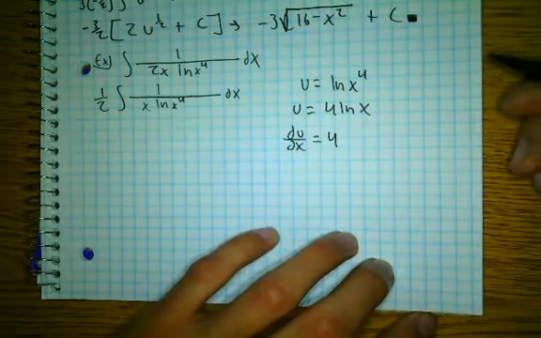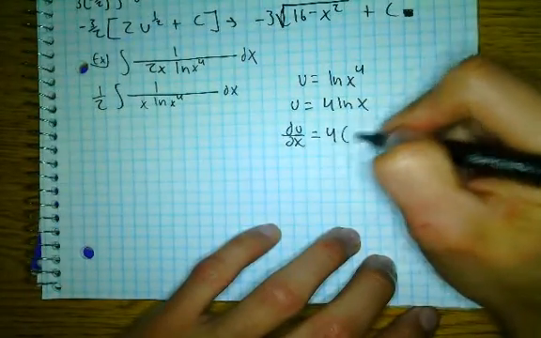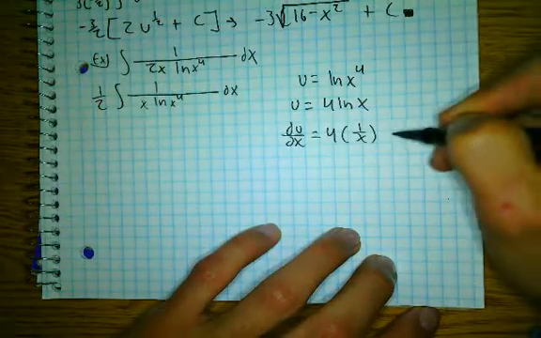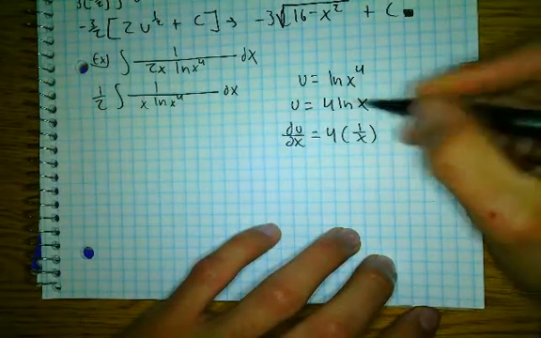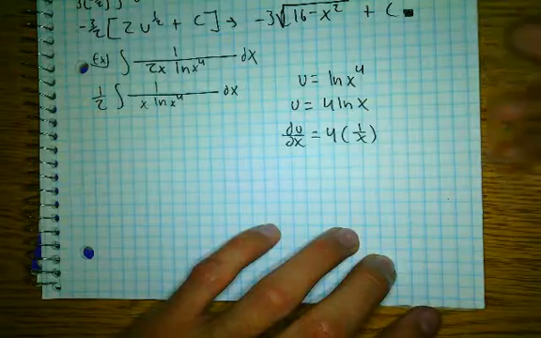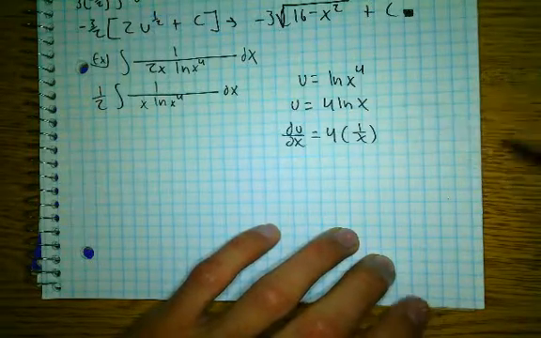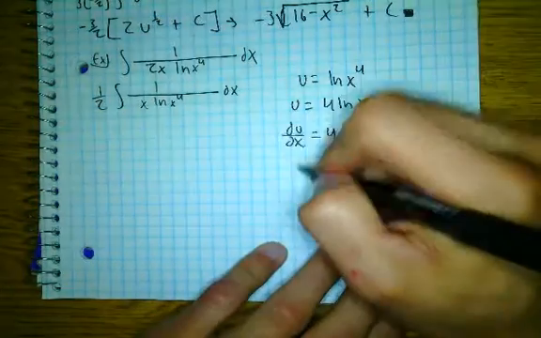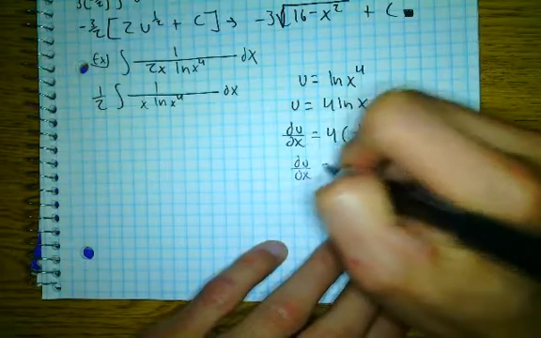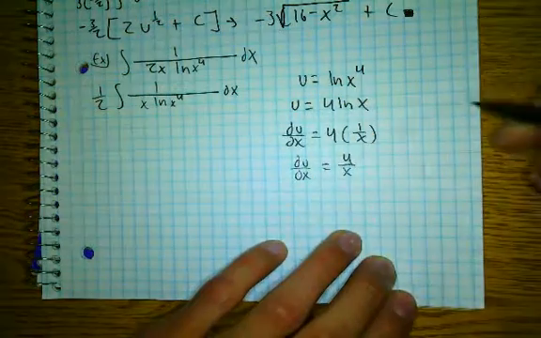Anything times 0 is just going to go away, so that's kind of pointless, right? So then we can say that du/dx is equal to 4 over x. Therefore, du equals 4 over x dx. Agreed?